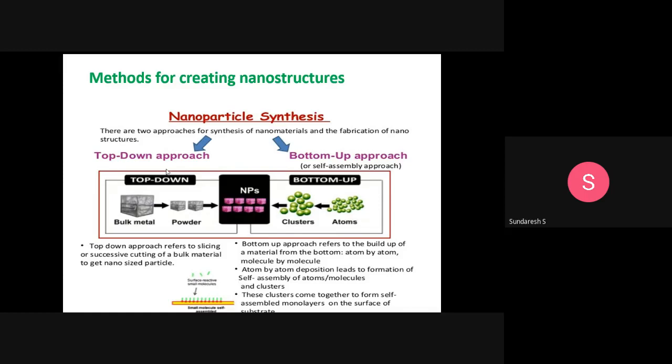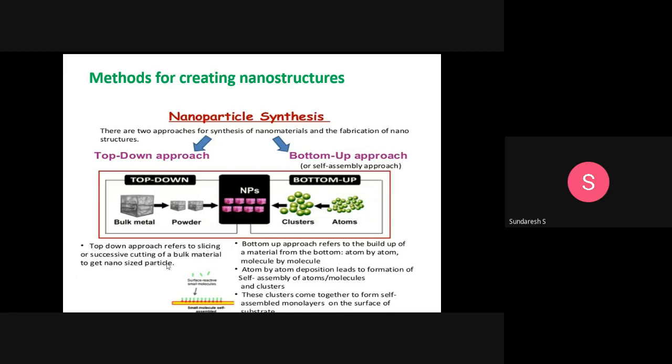Looking at the top-down approach here, NP stands for nanoparticles. These nanoparticles are obtained, see, from the left side you have the top-down approach, and on the right side you have the bottom-up approach. On the left side, the top-down approach refers to slicing or successive cutting of a bulk material to get a nano-sized particle.